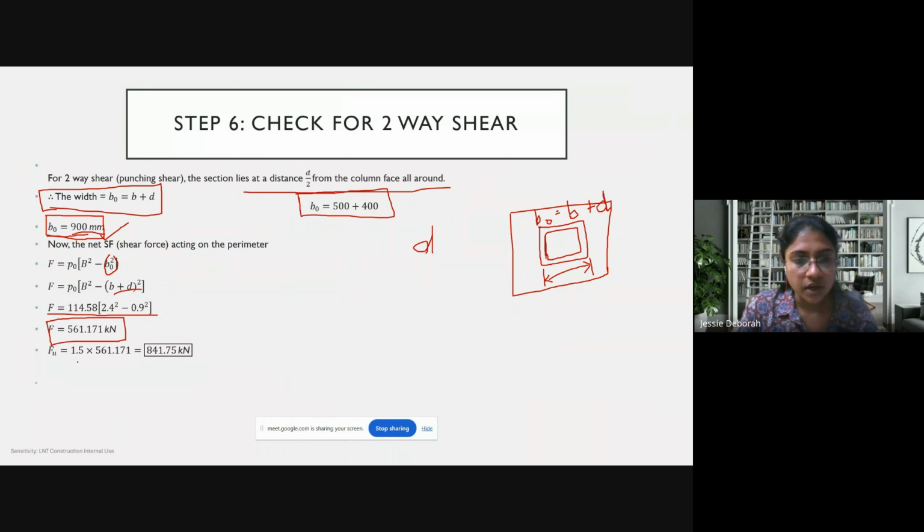So again, you're going to do your ultimate shear force, that is 1.5 into 561.171. This is going to be 841. Have you taken this down? Can I move forward?